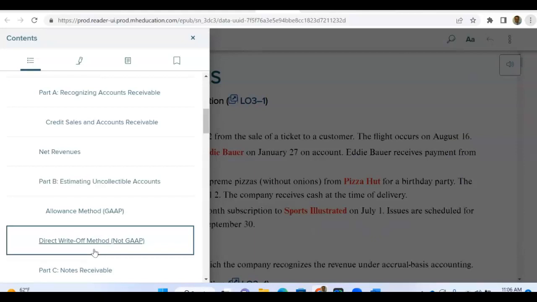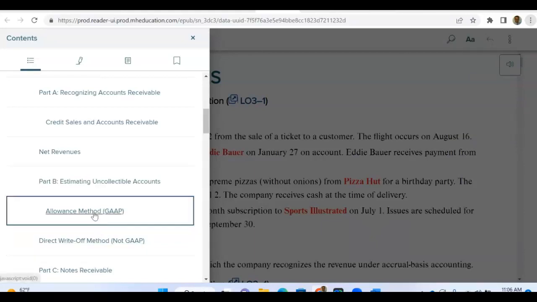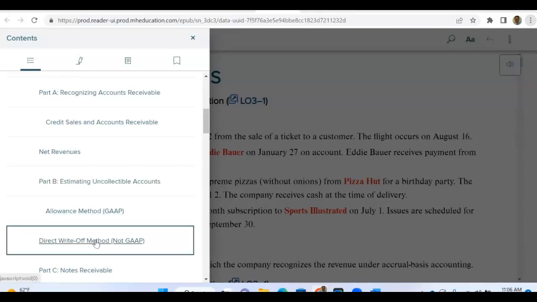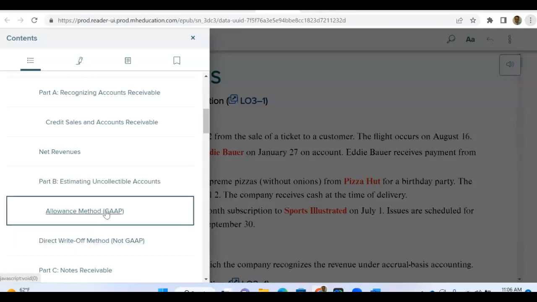So bad debt expense using allowance method needs to be recognized on December 31st. And that's what GAAP is accepting. Direct write-off may be good for, let's say, small business cash basis accounting, those types of things. But according to GAAP, you need to use allowance method.